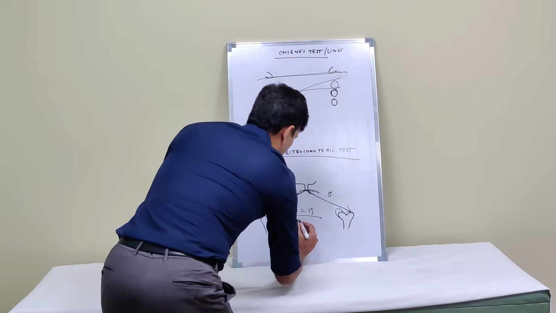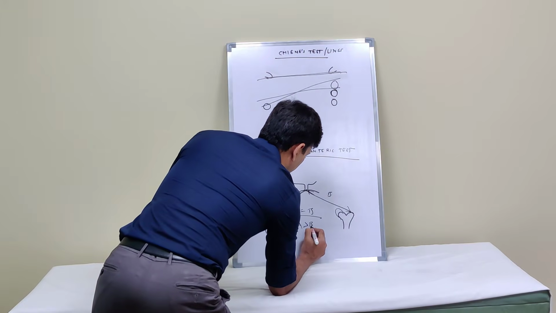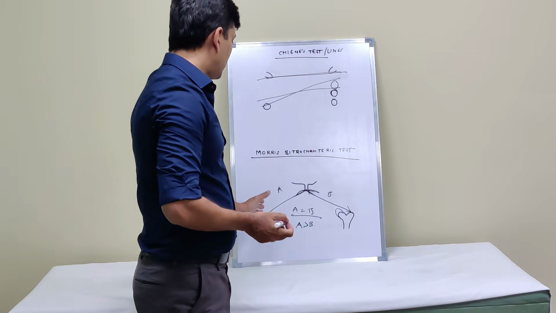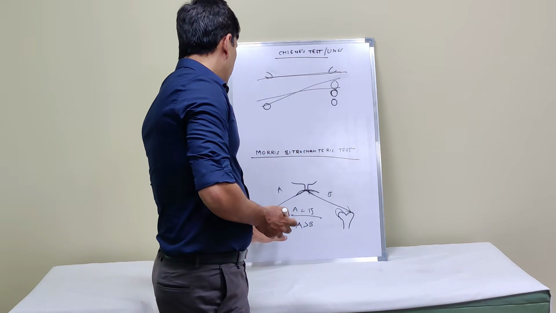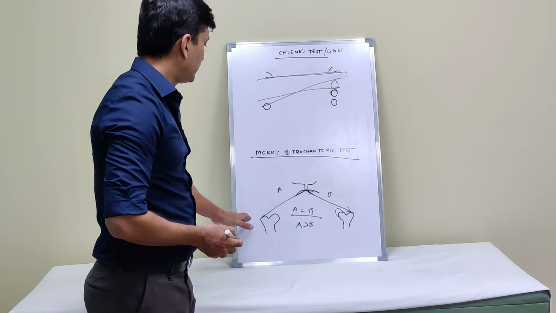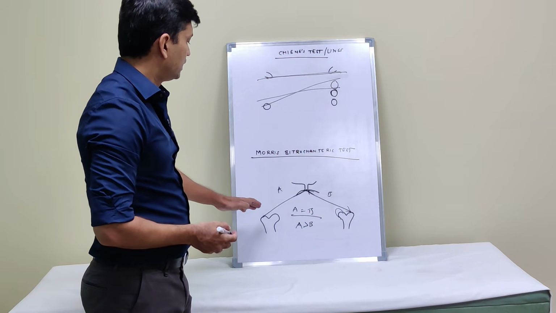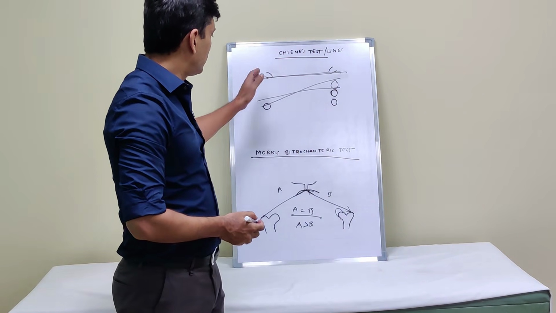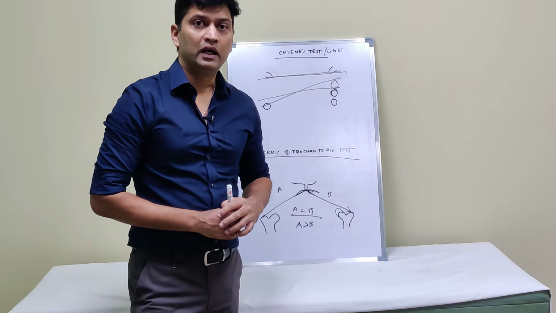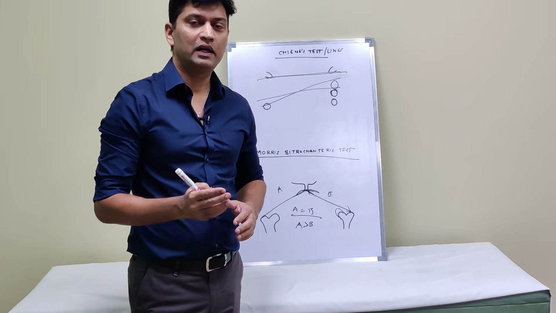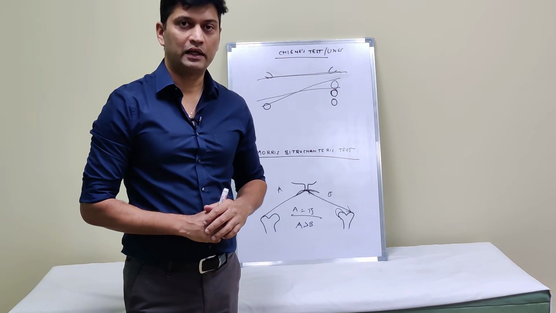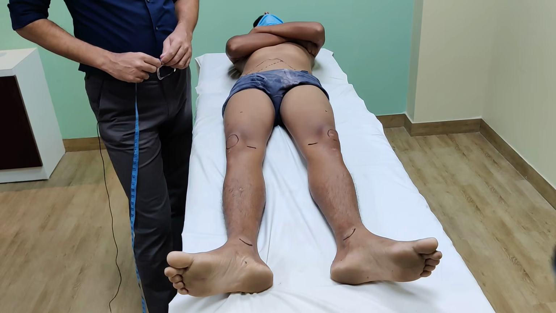In that case, A will become greater than B depending upon how much this has medialized. On the contrary, if for any reason after fracture there is external rotation of the greater trochanter, then the line on the affected side will become more. So you should know about Chiene's line and Morris bitrochanteric test. But the most important question they will ask is, if you have bilateral pathology, then you should know Nelaton's line and how to draw it.